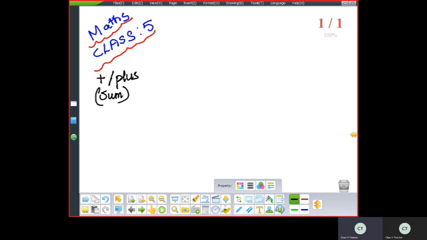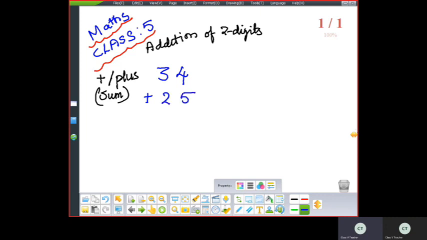Yes? Now let us do addition of 2D. So let me take some number. Simple addition, let me try. So if I take 34 plus 25.